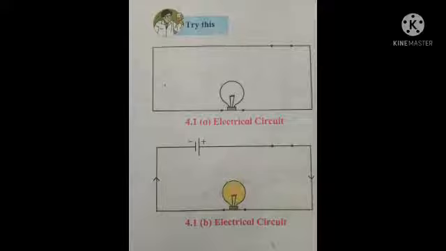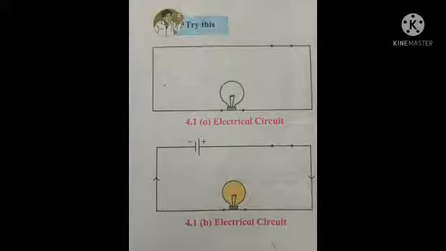Students, the electrons in the wire flow due to the potential difference between the two ends of the dry cell. As I have shown in the previous video, both ends consist of positive and negative charge.